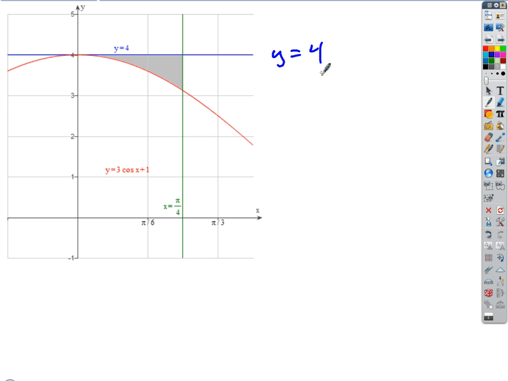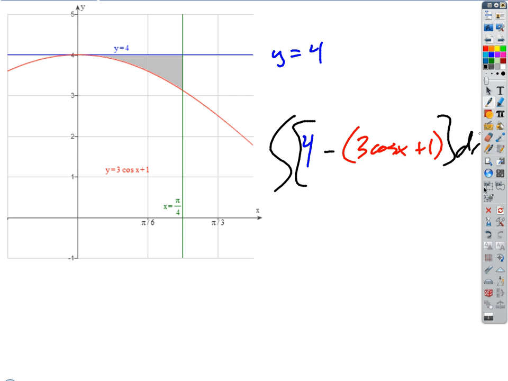So we could take this whole thing as the integral of 4 minus 3 cosine x plus 1 dx from 0 to pi fourths, right? Does that make sense?